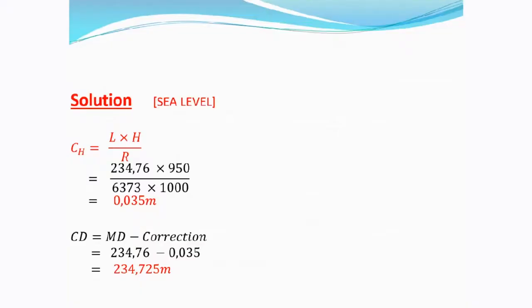Remember, it's in kilometers, so we need to convert it into meters. That's why we times here by 1,000, and our answer here will be 0.035 meters. Okay, so we are not done. This is just a correction.